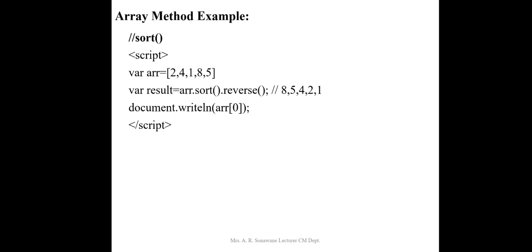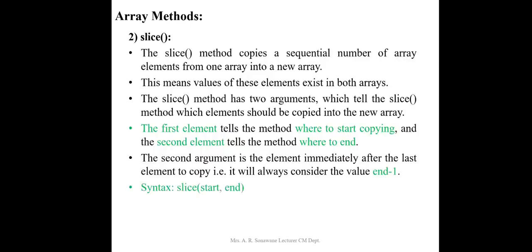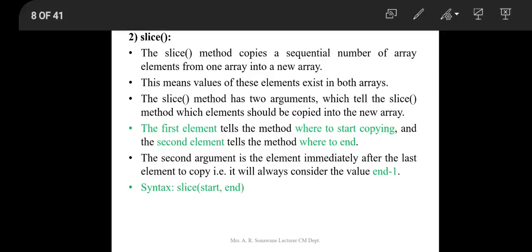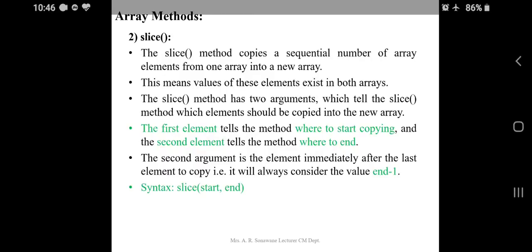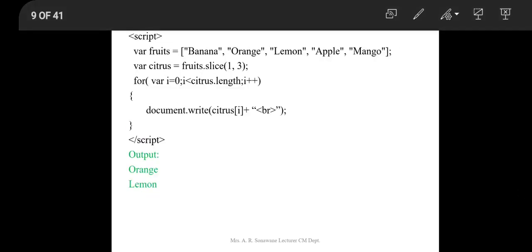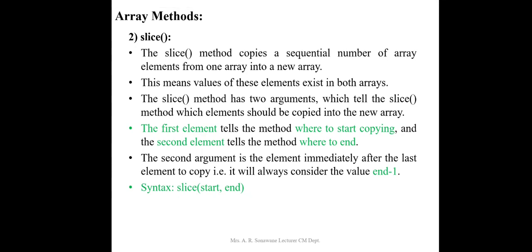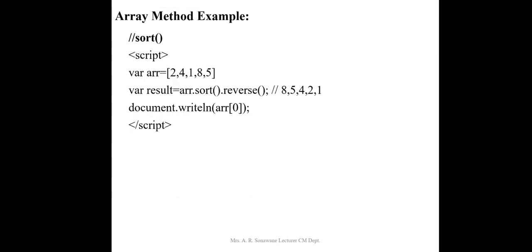By default it will sort the elements in ascending order. But if you wish to sort the elements in descending order, as shown in the example, you may use the reverse method.